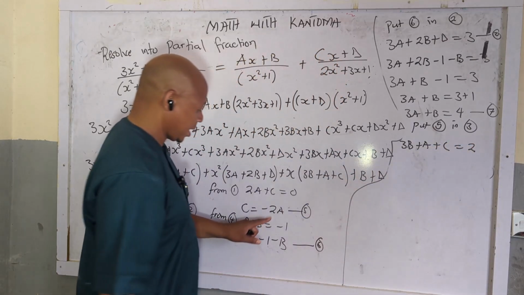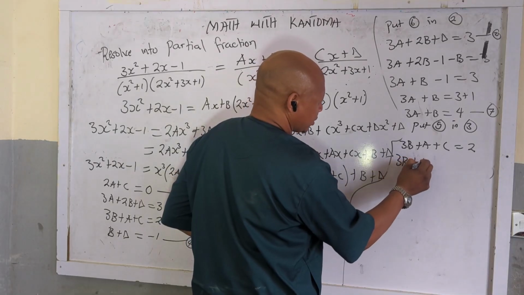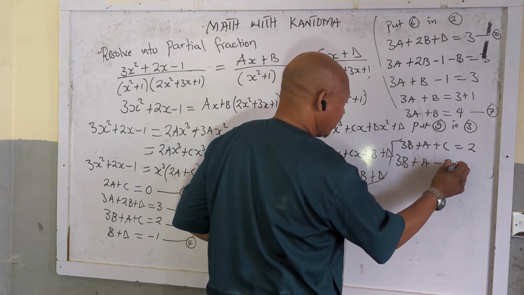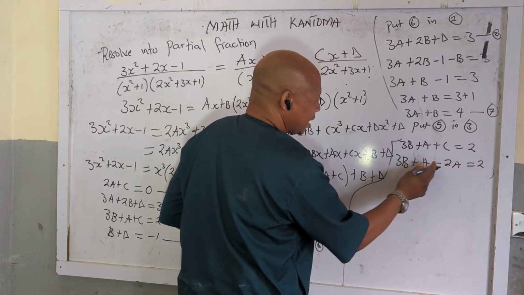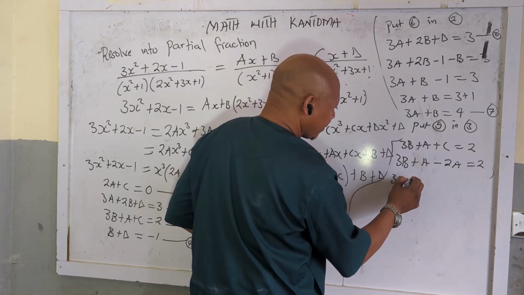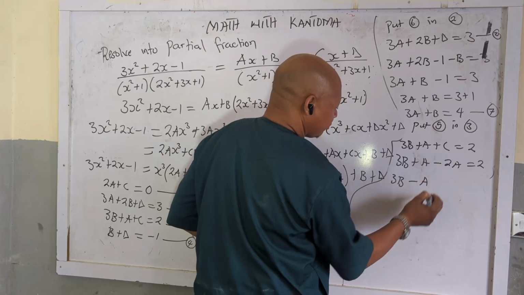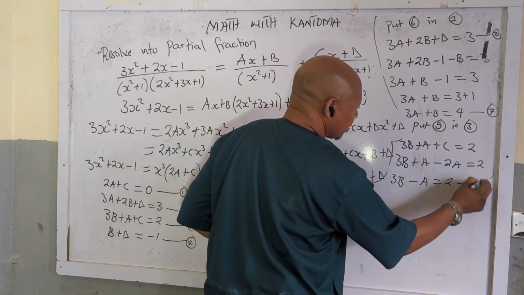So the value of c here is minus 2a. So therefore I have 3b plus a minus 2a now. Instead of plus c, we have minus 2a equals 2. So simplify, a minus 2a is minus a. So I have 3b minus a is equal to 2. So let's say this is equation 8.